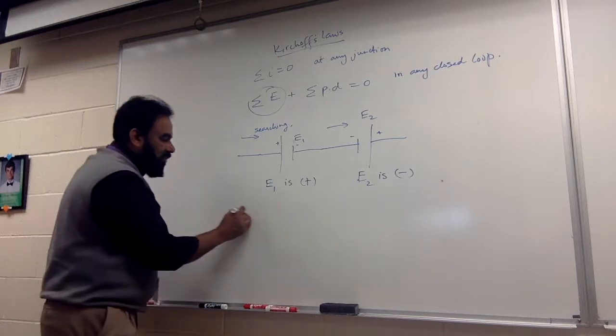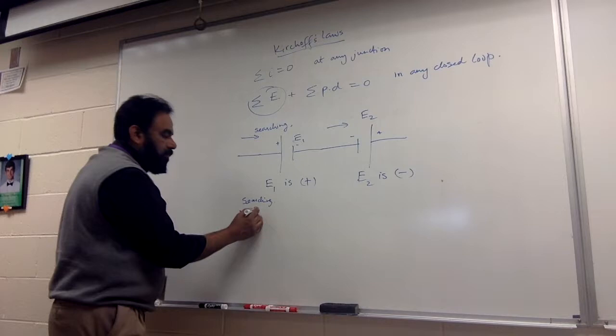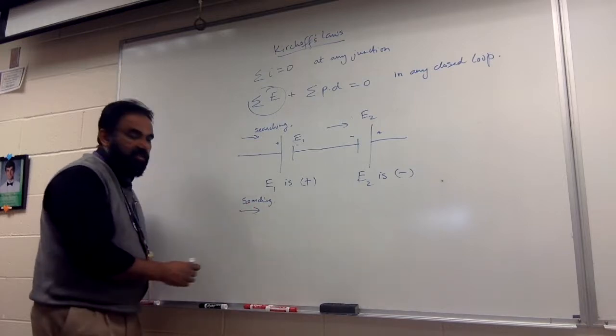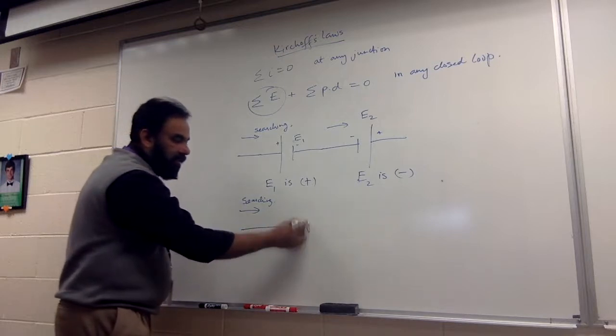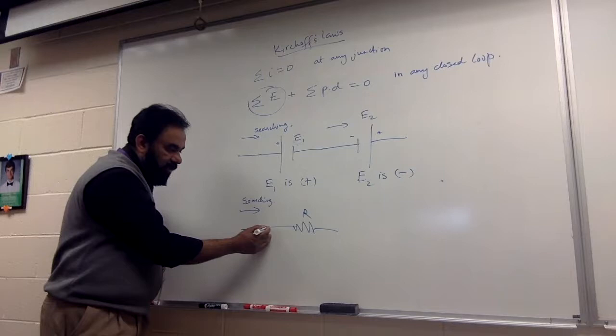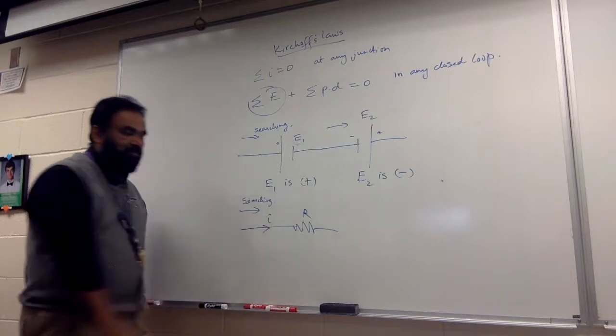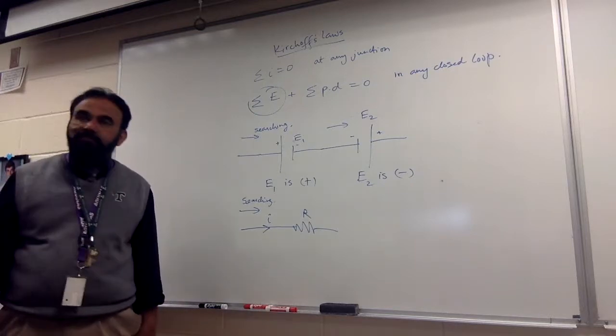So let's say you're searching in this direction, and you're looking at a resistance, and the current is going with you. You're searching in the same direction as the current.